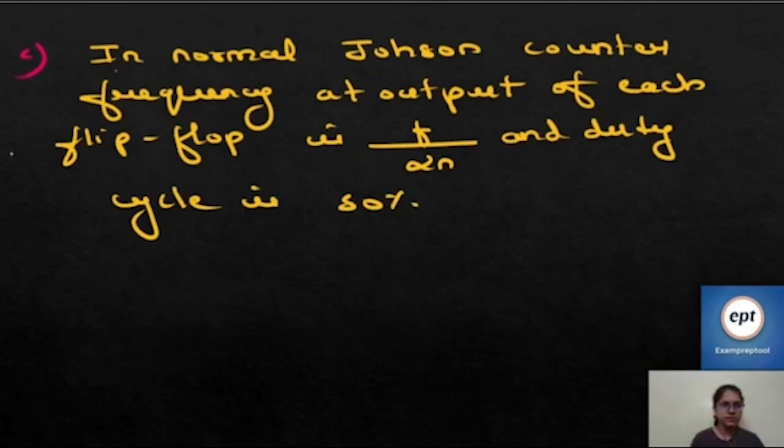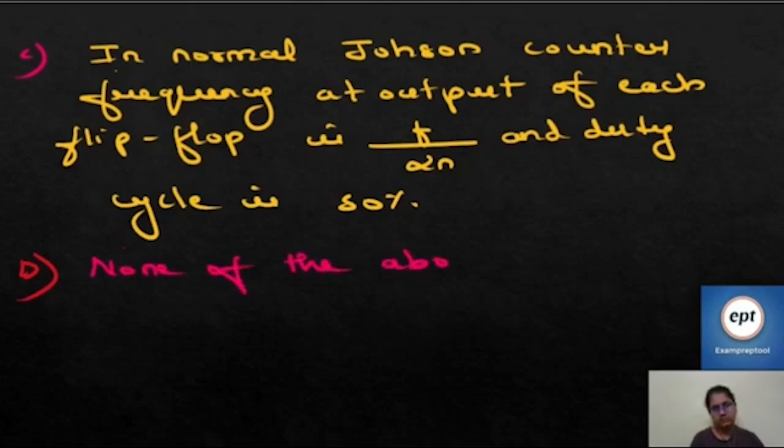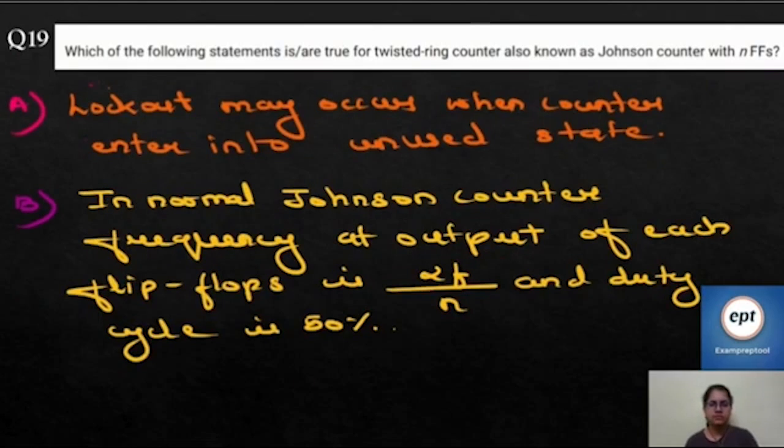And option D is none of the above. So these are the options they have given. Now let's see the solution.